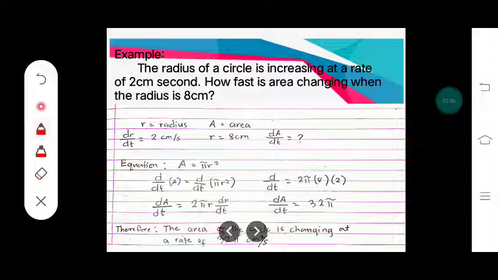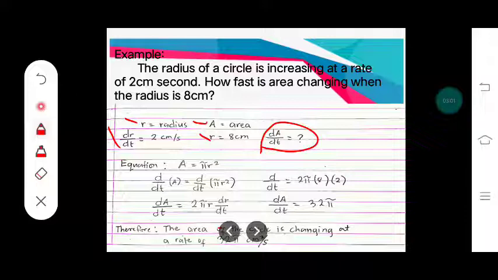So first we have r, which is the radius, and A is the area. Now we have dr over dt equal to 2 cm per second, and r equal to 8 cm, and the missing quantity here is dA over dt.